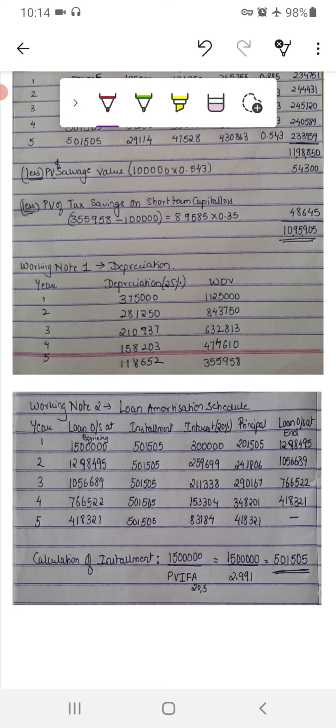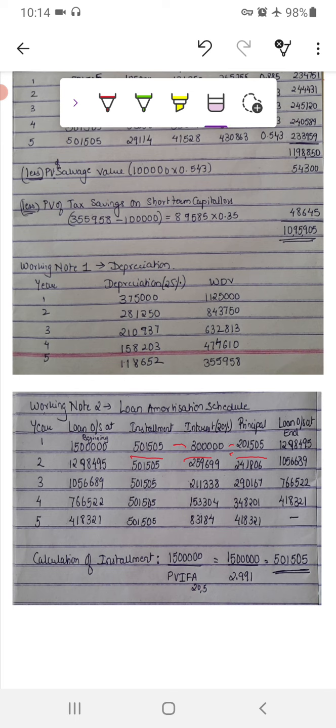Okay. So out of this 5,01,505, 3 lakh is interest. That means remaining is the principal repayment. So how much is that remaining? That is 2,01,505. So installment minus interest will give you principal. I am repeating, installment minus interest will give you principal.